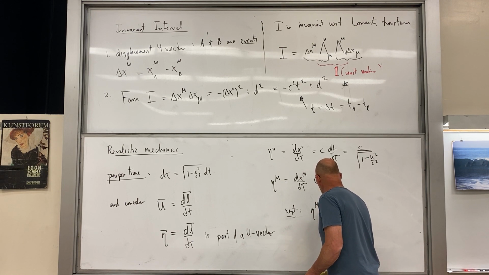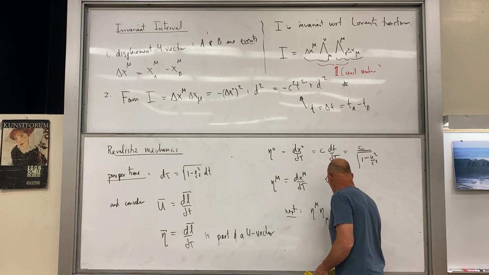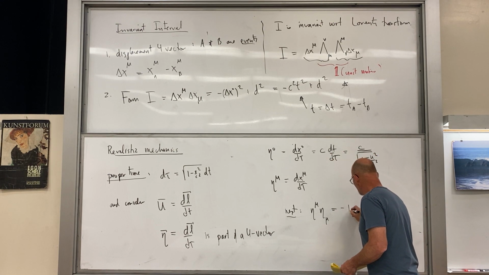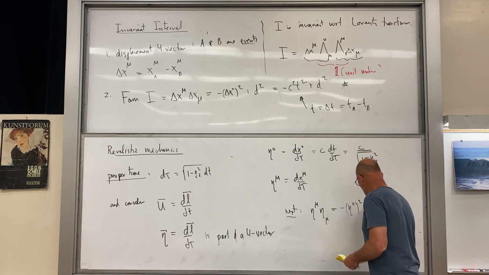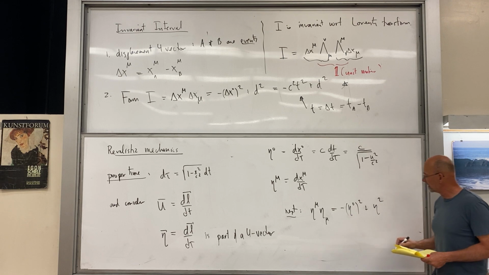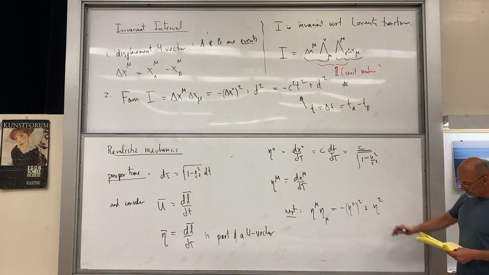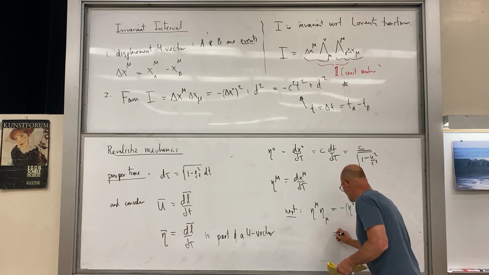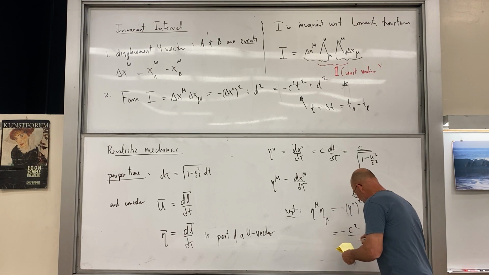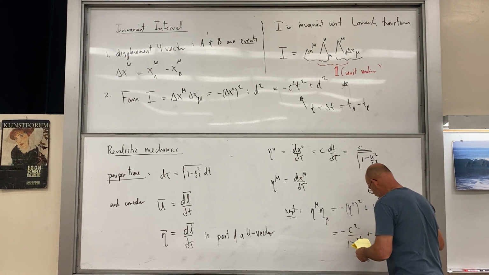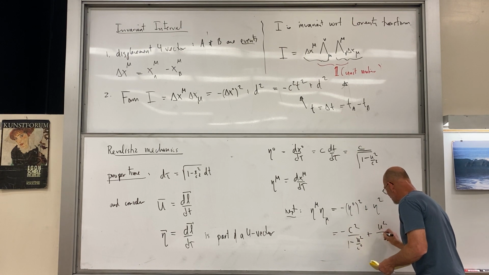Eta mu, eta mu, summing from 0 to 3, is going to be minus eta sub 0 squared plus eta squared of the other 3. That's minus c squared over 1 minus u squared over c squared plus u squared over 1 minus u squared over c squared.